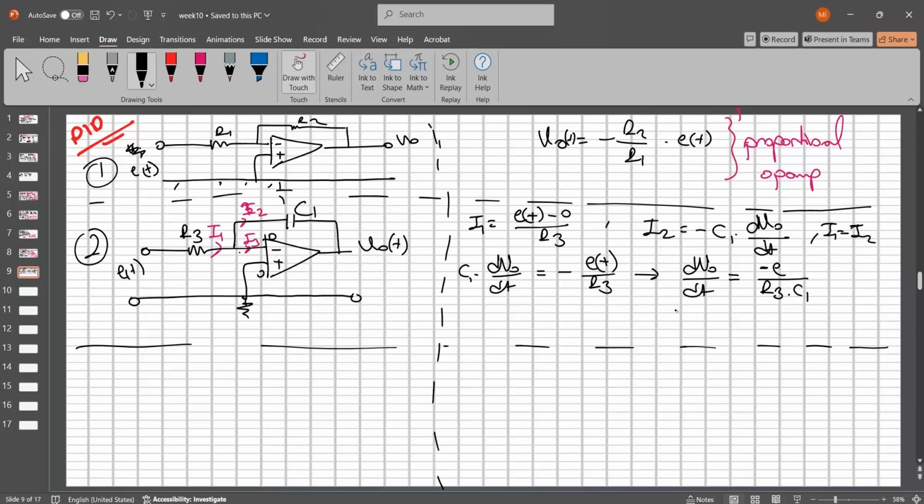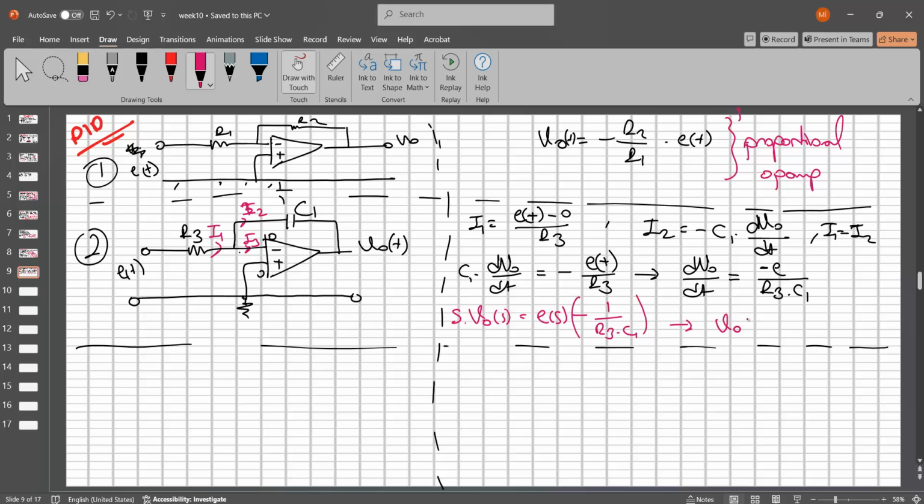And so, in terms of the Laplace domain, we can write this equation just like this one. S times V0, right? V0 S must be equal to ES times minus 1 over R3 times C1.